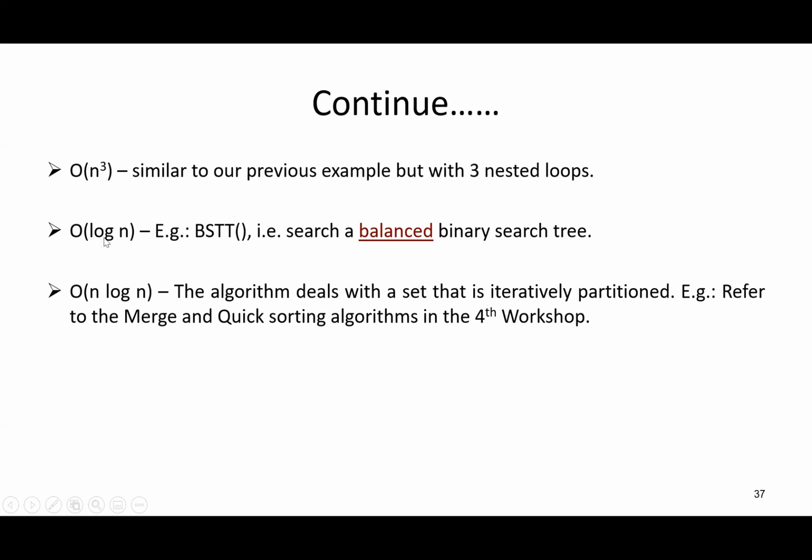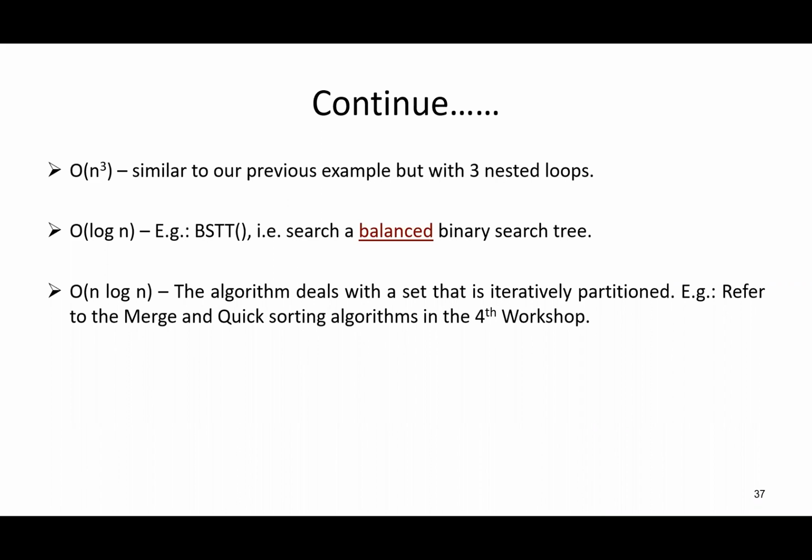Okay. This log2n, how can we have this big O for log2n? You have learned binary search tree in your second workshop when you learned tree, right? So when you search in a binary search tree, how do you search? You start from the root, you check, is this the value that you're searching? If not, then you determine, because for your binary search tree you have left and right, do I have to go left to search or right to search?